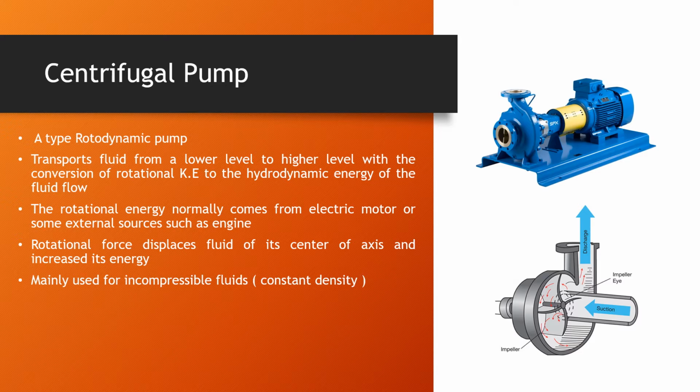So those kinds of mixtures and very viscous fluids, a centrifugal pump can actually handle. However, positive displacement pumps cannot handle highly viscous fluids. They can only handle low viscosity fluids.